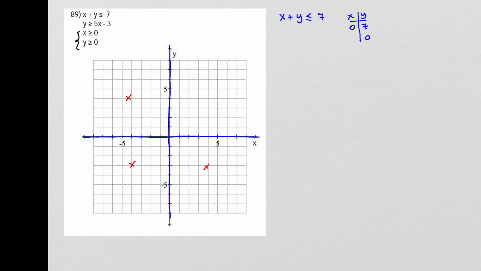And if y is 0, then x would be 7. So I can plot those points, and then I'm going to draw a straight line between them.